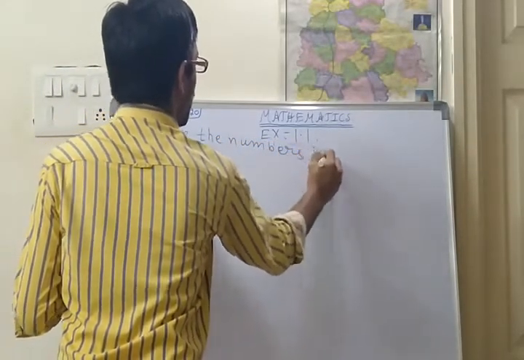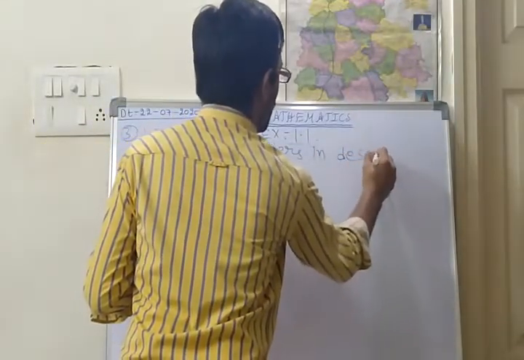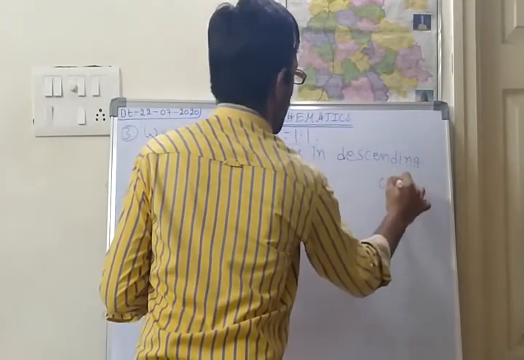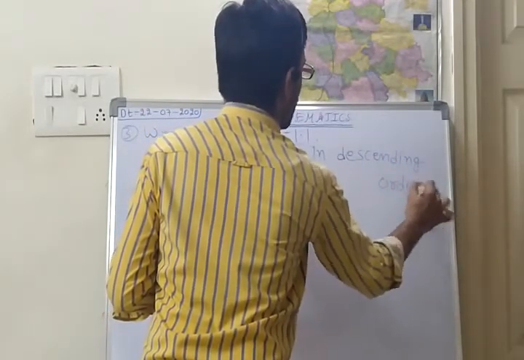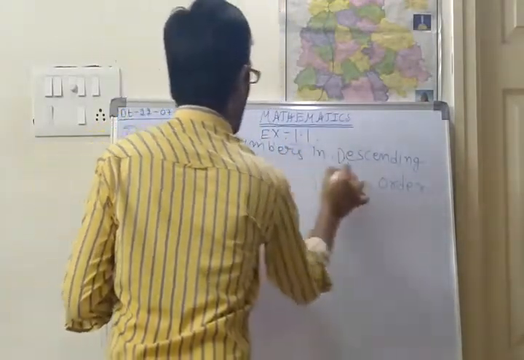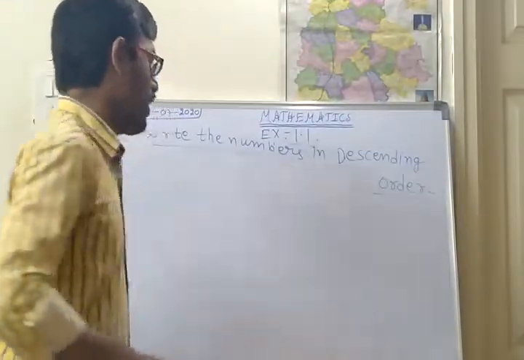in descending order. Previously you have written the numbers in ascending order, which means small to big.